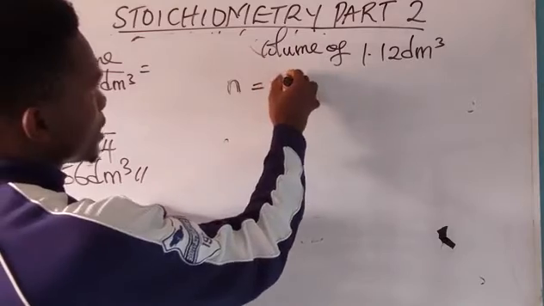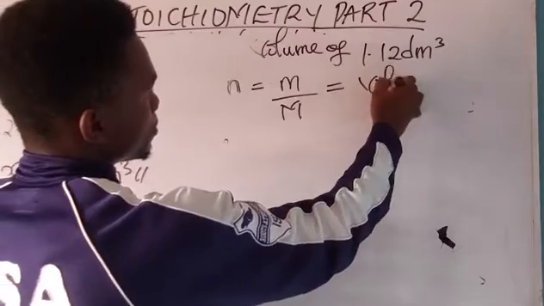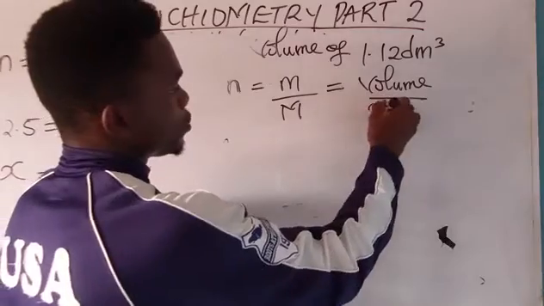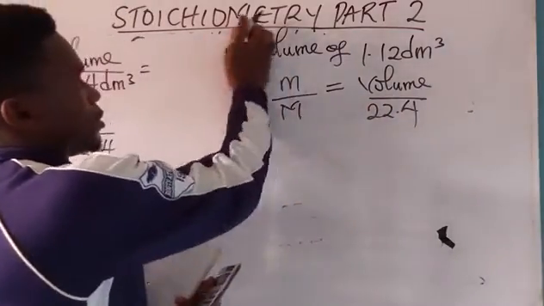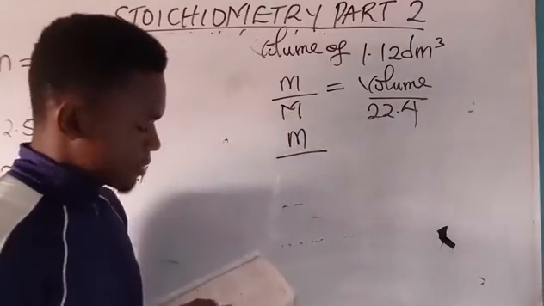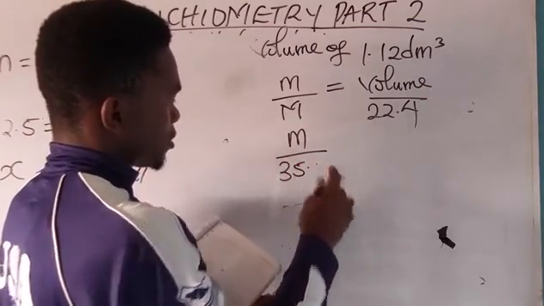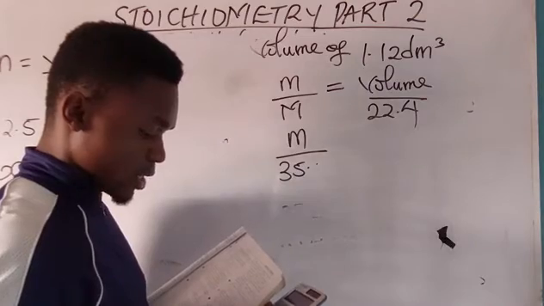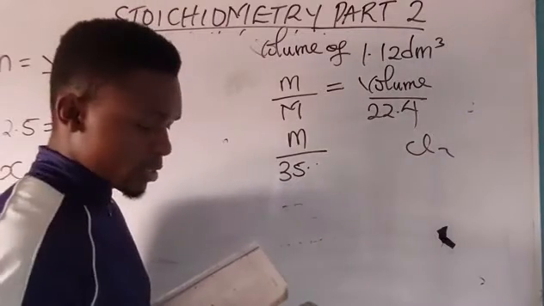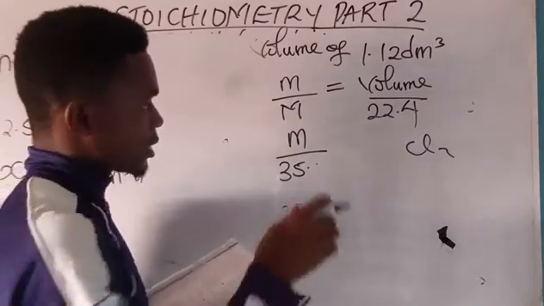Number of moles is equals mass over molar mass. Then it's also equals volume over 22.4 at STP. Now we are looking for the mass, that is M. What is the molar mass of chlorine gas? That should be 35.5 times 2, because chlorine is a diatomic element. So 35.5 times 2, you have 71.